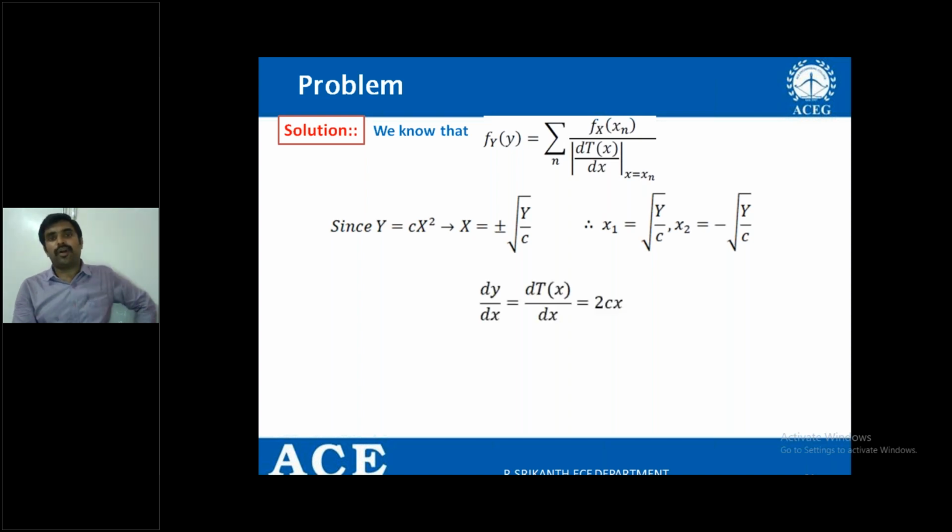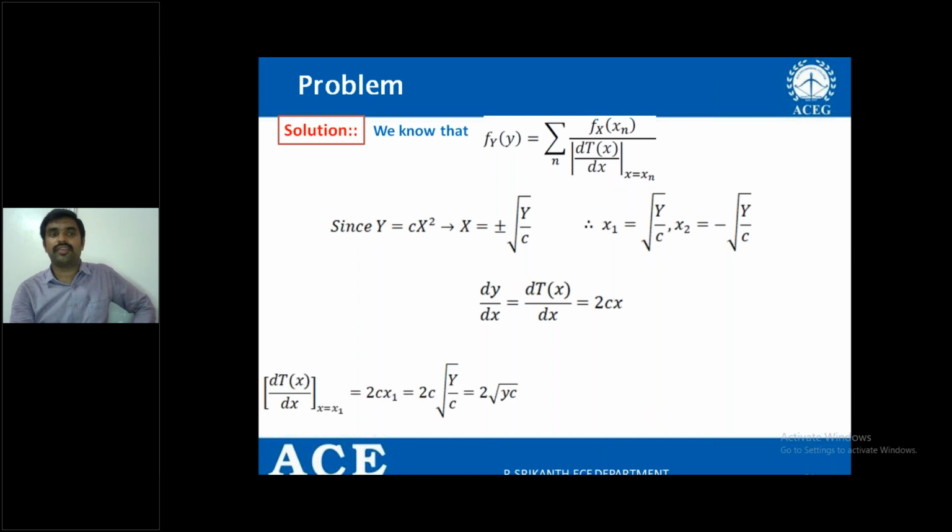Therefore, now if I take dy by dx, why? Because what is the required one here? dT(x)/dx. T(x) is nothing but y. So I need to find dy by dx, or dT(x)/dx. Y is cx square, so the derivative is 2cx. But what I need to find is dT(x)/dx where x equal to x_n. In the sense, I need to find dT(x)/dx at x1 and at x2 also.